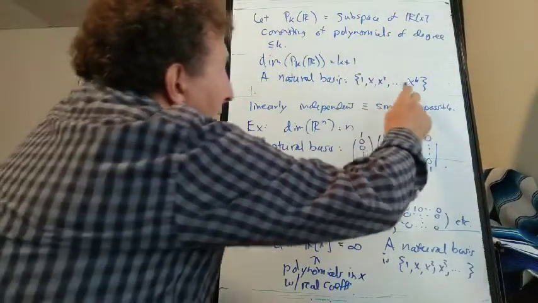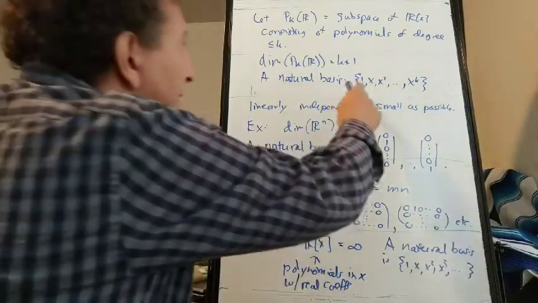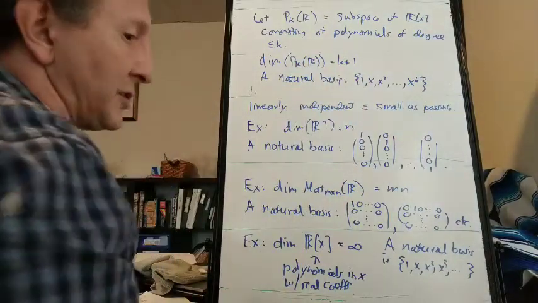So we've got k plus 1 powers of x here, because 1 is the 0th power, so that's k plus 1 total, which is why we have dimension k plus 1.